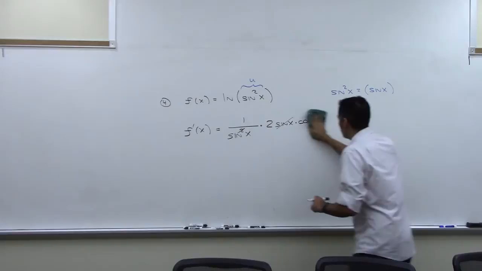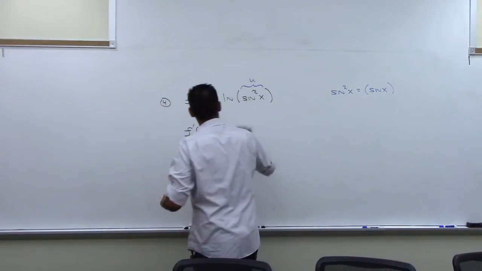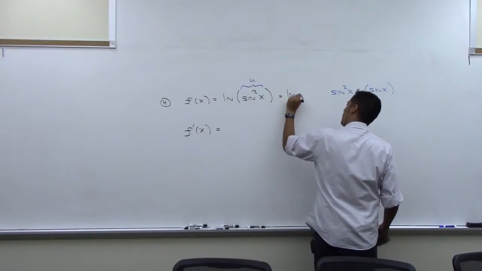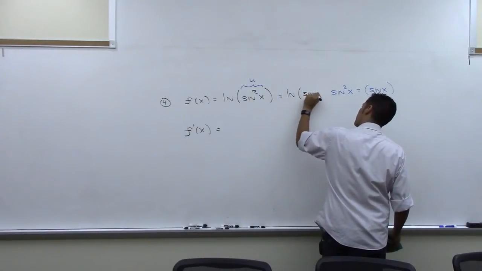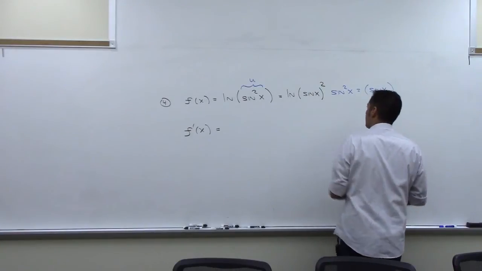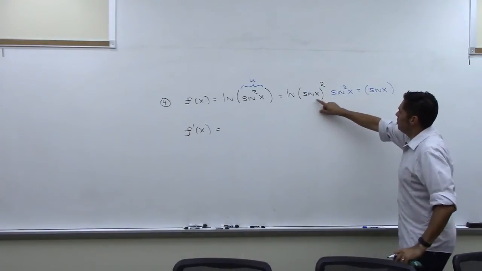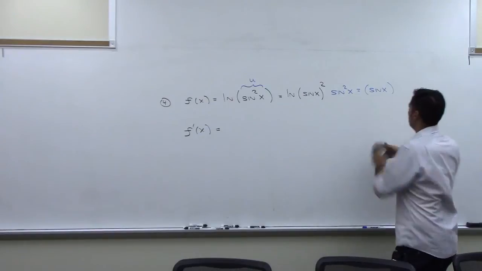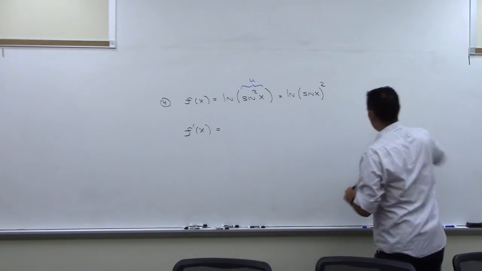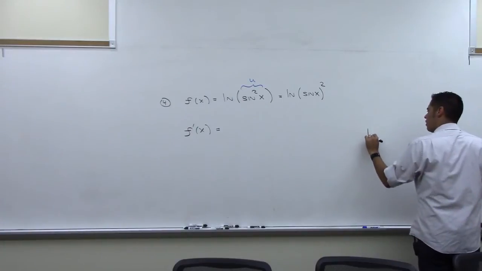I want to try this a little differently, though. I want to go back up to this one right here. And I want you to agree that this is the same as natural log of sine of x squared, because that's what this means, right? So if I do that, and then I go back to college algebra, I remember this property of logs.